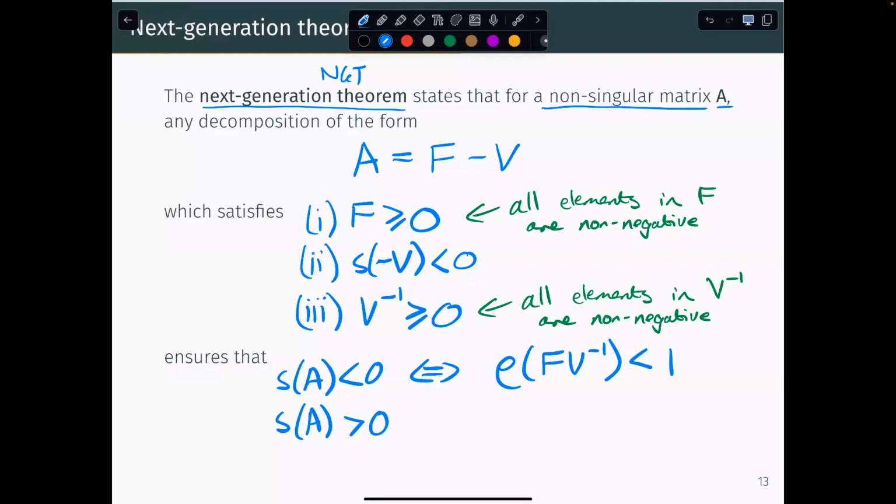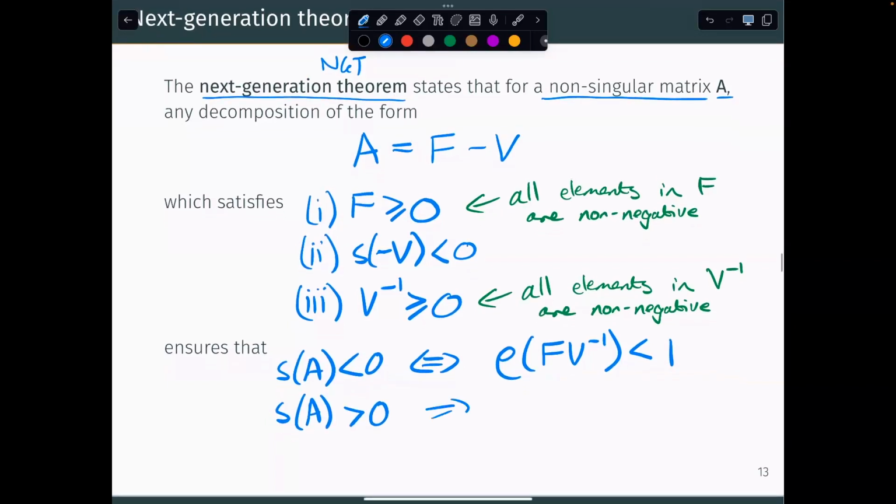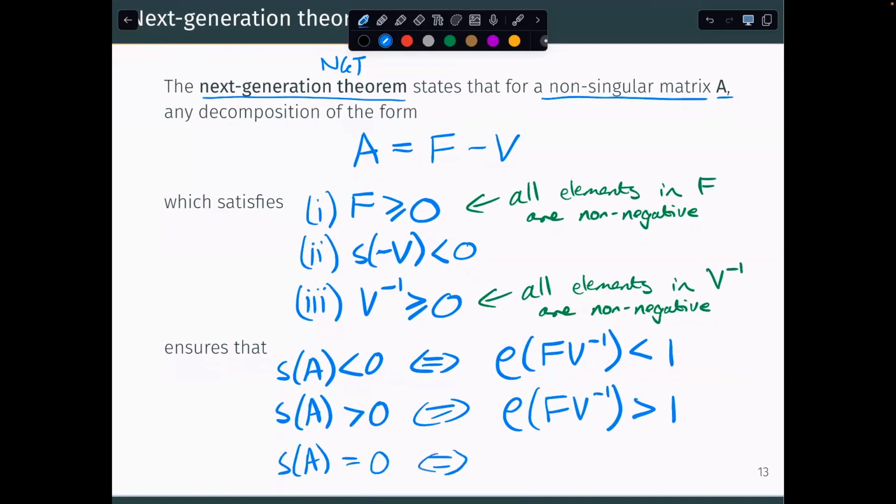If the spectral bound of A is positive, this occurs if and only if the spectral radius of F times V inverse is greater than 1. And the spectral bound of A is equal to 0 if and only if the spectral radius of F V inverse is equal to 1.